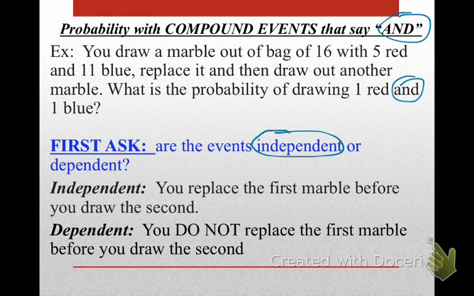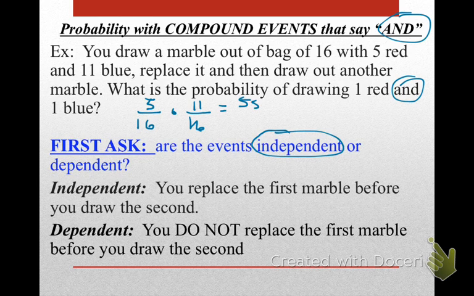So to figure the probability, you first do the probability of the first event, so that red is 5 out of 16, and then in this case you want the probability that both will occur. So we need to multiply, and then 1 blue, and there are 11. So we'll do 11, since we replaced, we have 16.